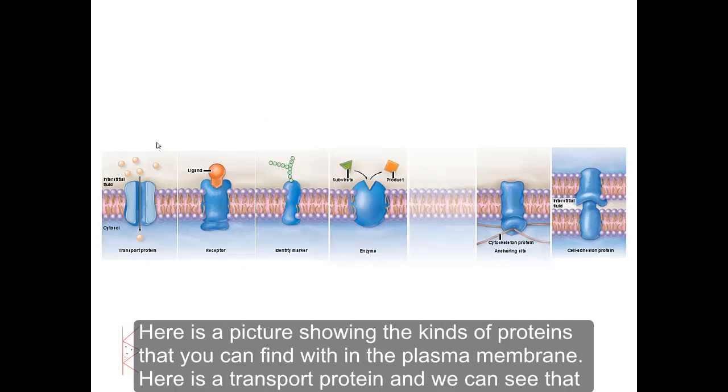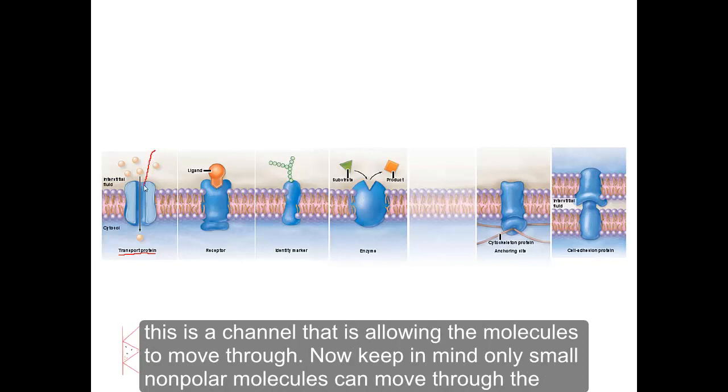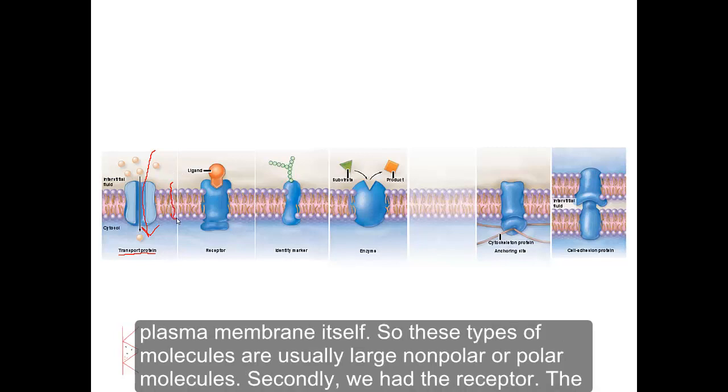Here's a picture showing the kinds of proteins that you can find within the plasma membrane. Here is a transport protein, and we can see that this is a channel that is allowing the molecules to move through. Now keep in mind, only small nonpolar molecules can move through the plasma membrane itself.